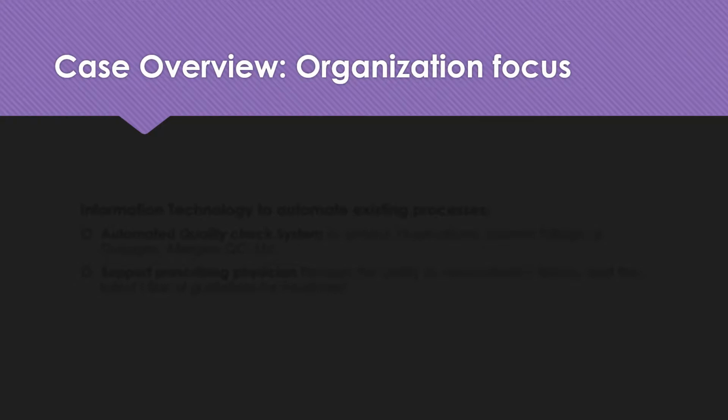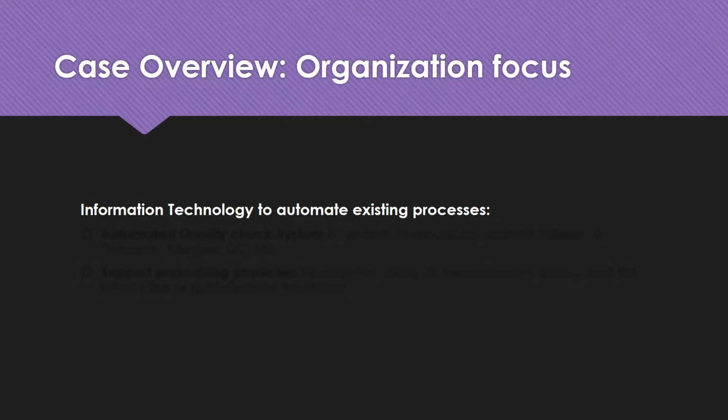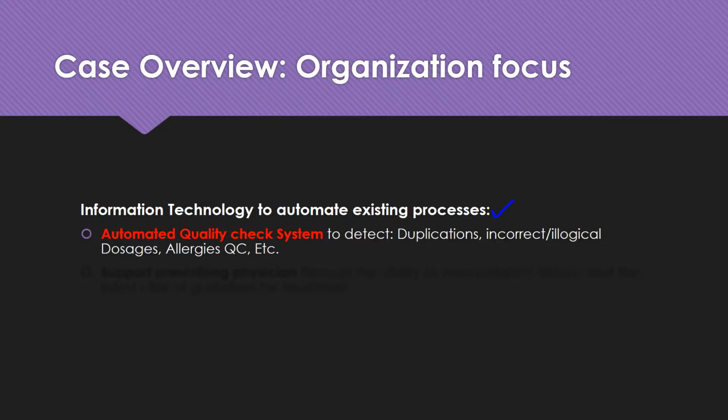So, organization focus. Again, we were focusing on having information technology to automate existing processes and to enhance them. The idea of this solution is to have an automated quality check system that can detect any duplication, any incorrect or illogical dosages, as well as QC regarding allergies based on the profile of the patient.